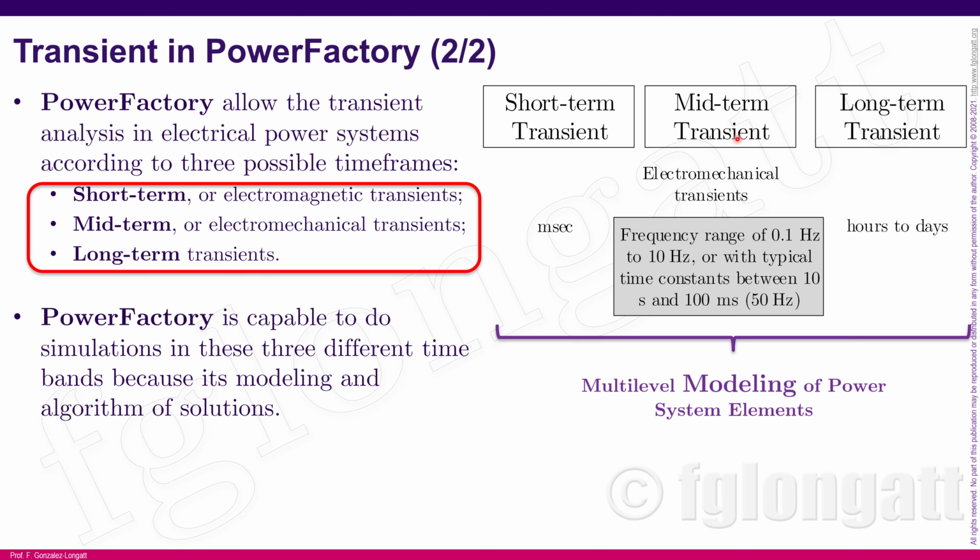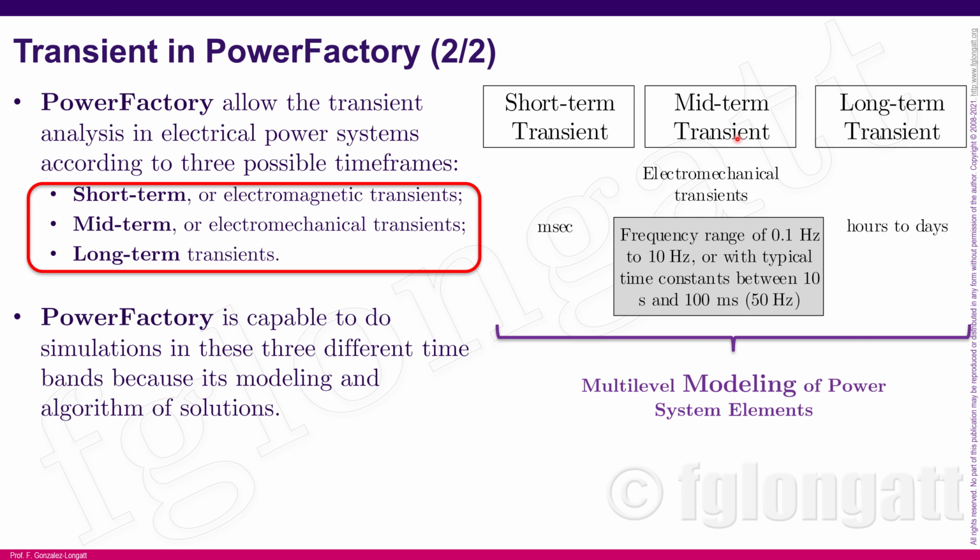But the interesting thing is that Power Factory is extremely powerful, okay? If you remember my discussion about time scales, Power Factory has the possibility of running different kinds of simulation, okay?